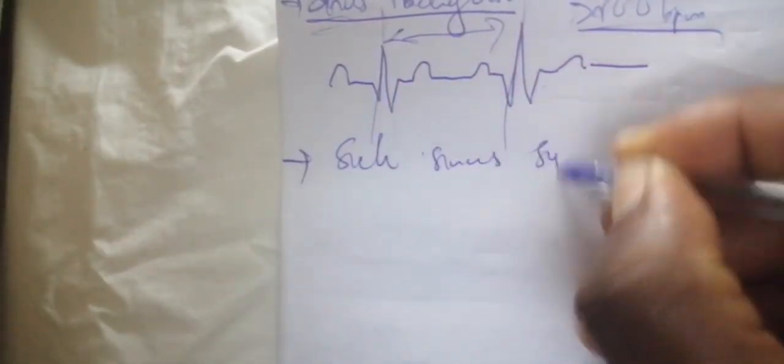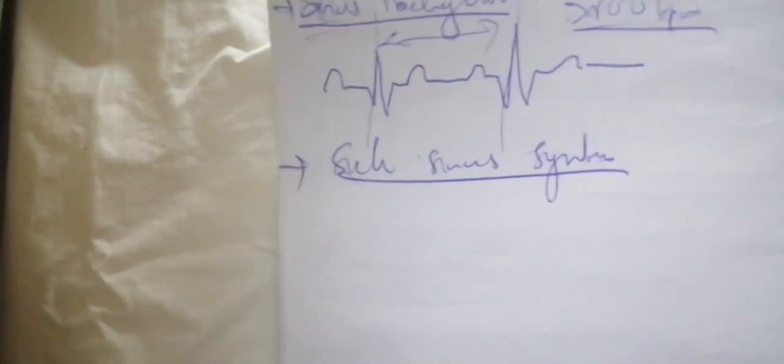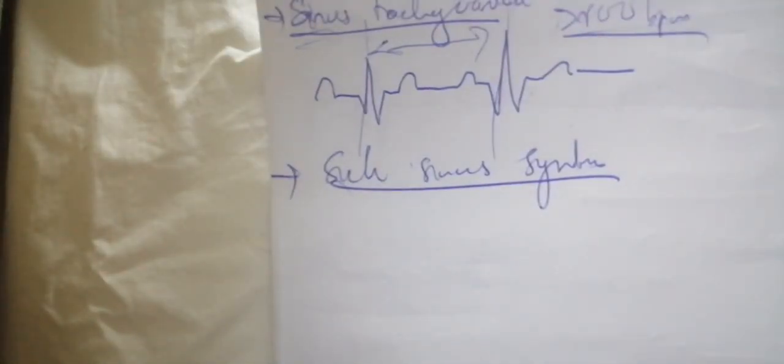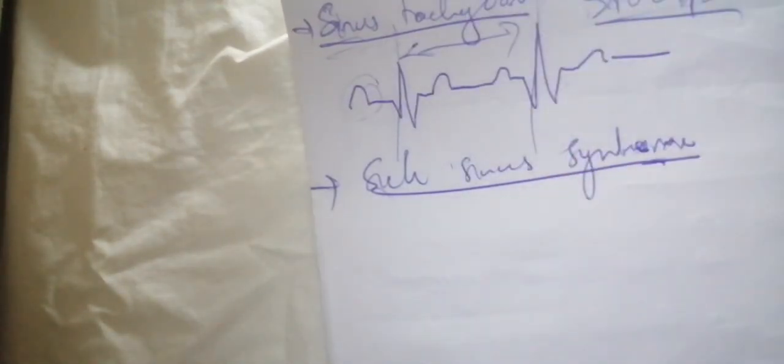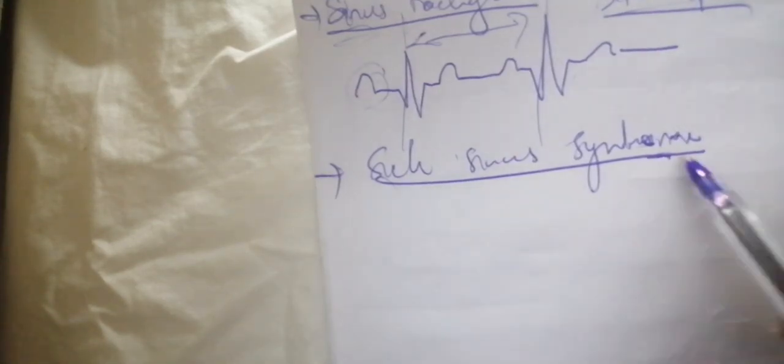Under sick sinus syndrome, you're going to have a sinus bradycardia and you have also an extrasystole. Is it clear? So if you visualize a sinus bradycardia and a ventricular extrasystole, just know that it is much more of a sick sinus syndrome.